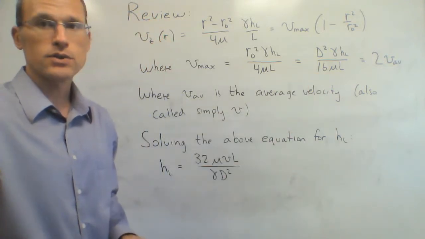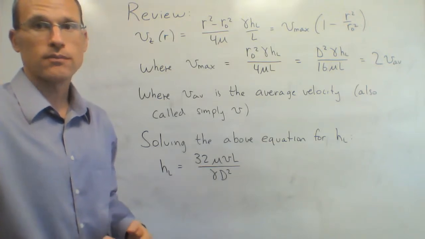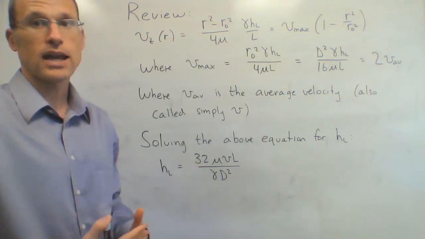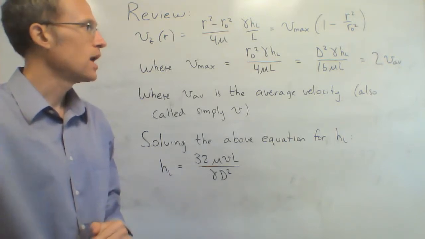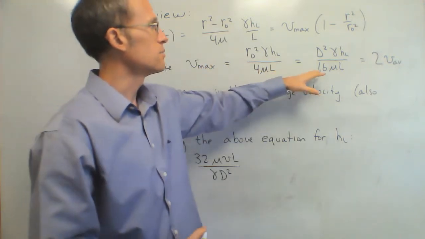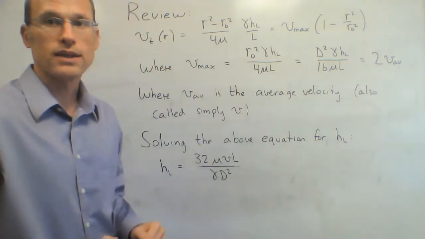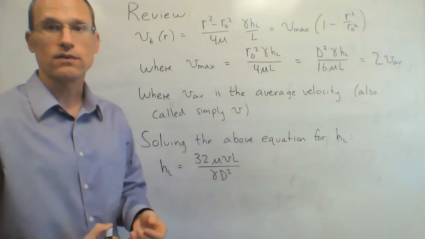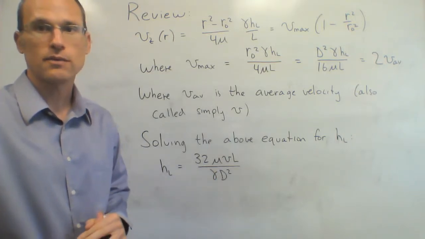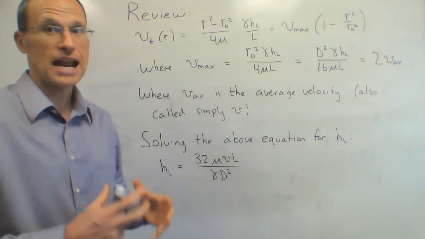And then if you use a flow rate relationship, you can find the flow rate, and with that you can find the average velocity. Average velocity is flow rate divided by area. And so this Vmax value ends up being twice the average velocity. And my average velocity is what we've been calling V for the last few lessons. So every time you've seen a V, that actually represents average velocity.